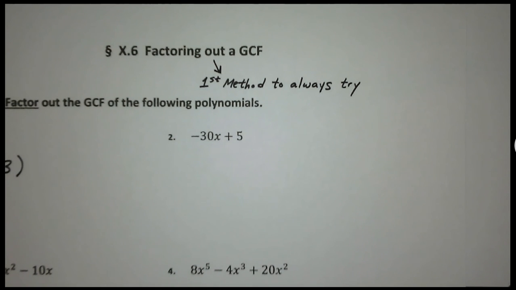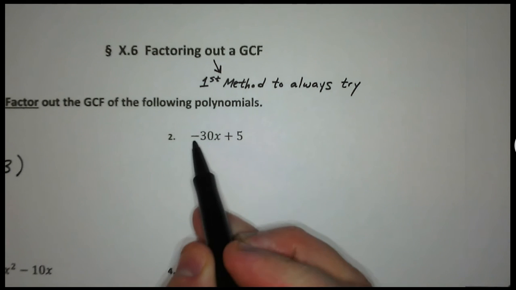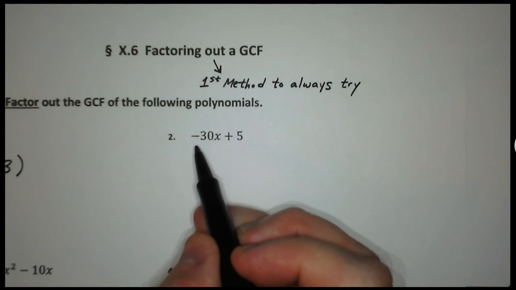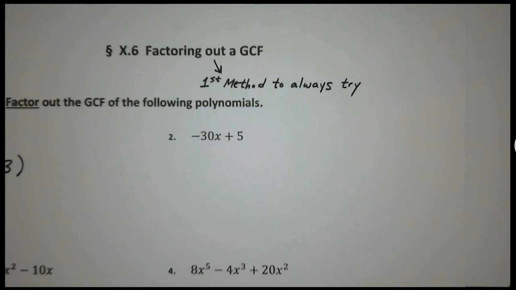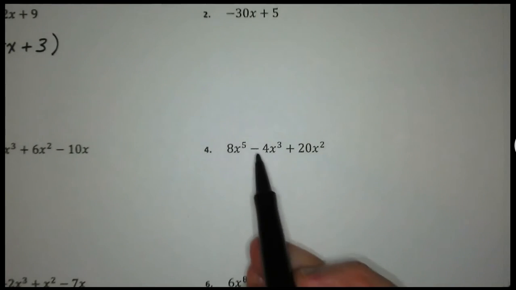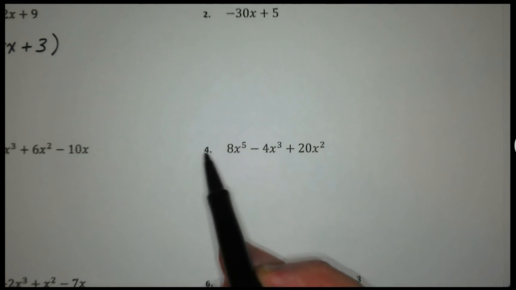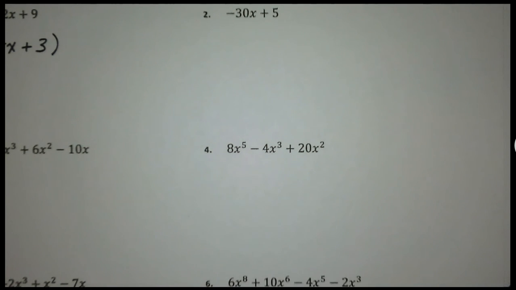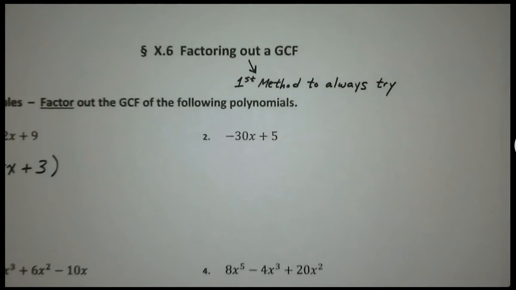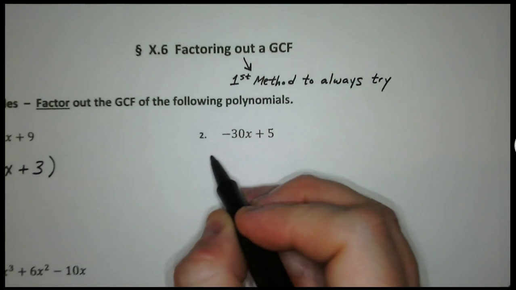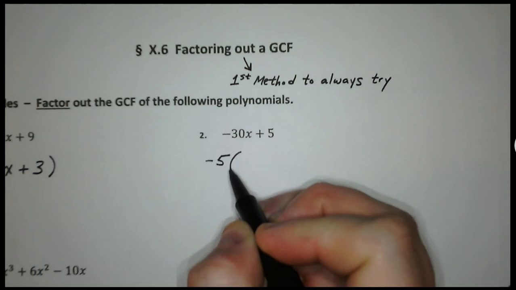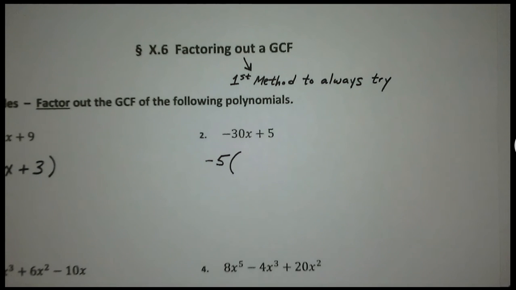It's pretty common practice to divide a negative out along with your GCF. So you're going to have a negative included in your GCF whenever the leading term is negative. That's it. It doesn't matter, like if you look at number 4, I know there's a negative going on here, but it only matters if the leading term is negative. So we're not just going to divide a 5 away from both terms. We're going to divide a negative 5 away from both terms.